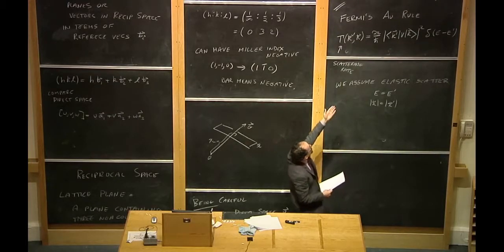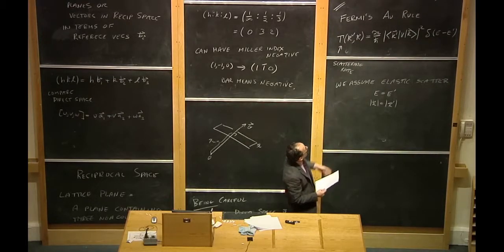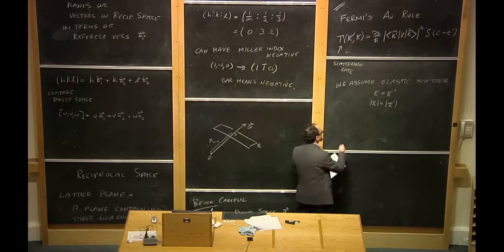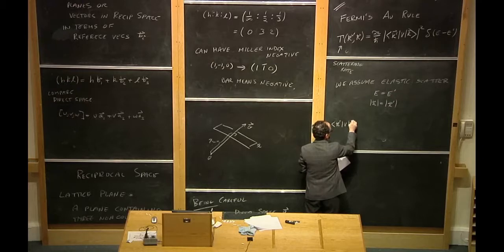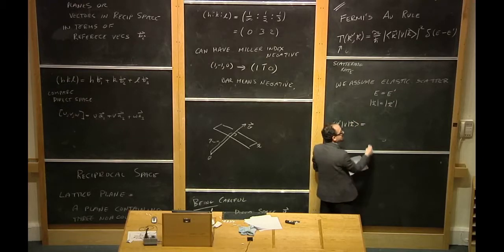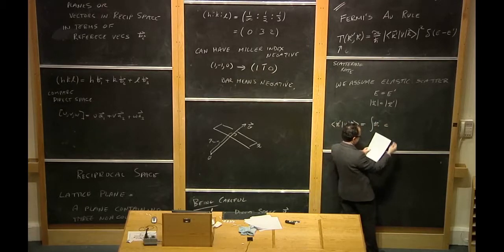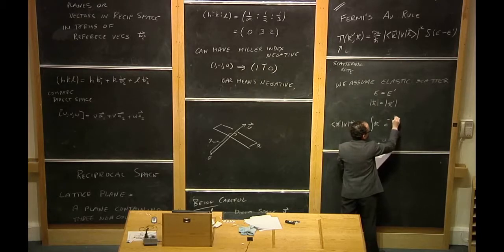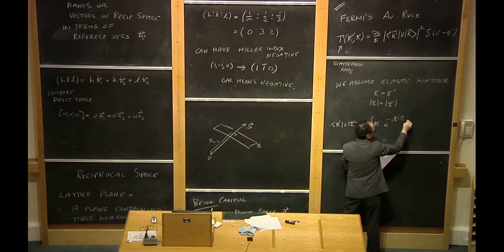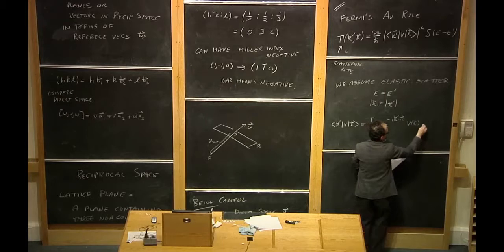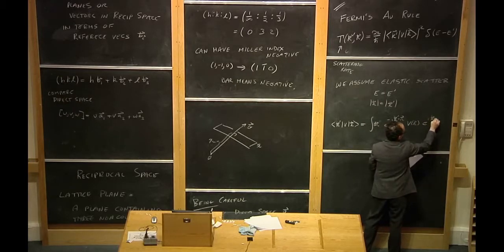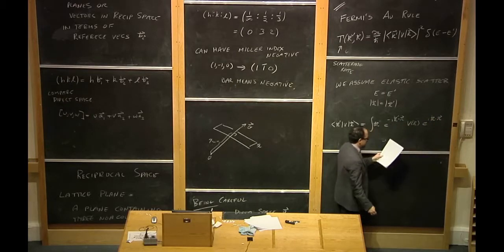And the only thing that's difficult in that expression, Fermi's golden rule, is the matrix element. So let's write out the matrix element. We have k prime V k equals what? Well, we'll use the real space representation of these kets. It's the integral d^3r of e to the i k prime dot r times V of r times e to the i k dot r. Do I have the signs right? Yeah, okay.